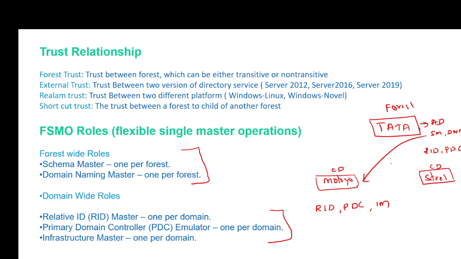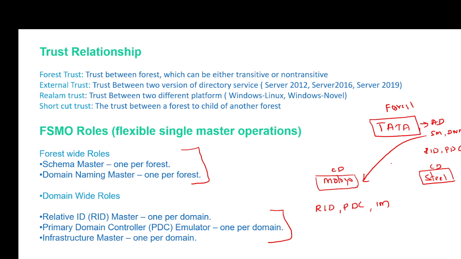Domain Name System. Here it is domain naming master. That means it will make sure any new domain is getting added or removed. At that time this domain naming master will be useful. So those are the importance. The schema master is used to store the classes and attributes. The domain naming master is responsible for adding or removing the domain namespace in the forest.